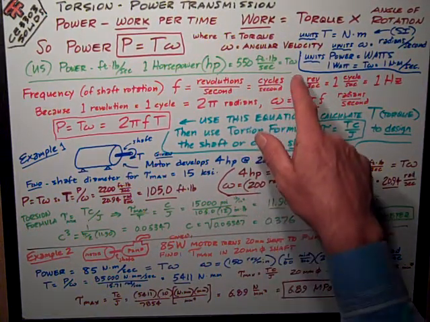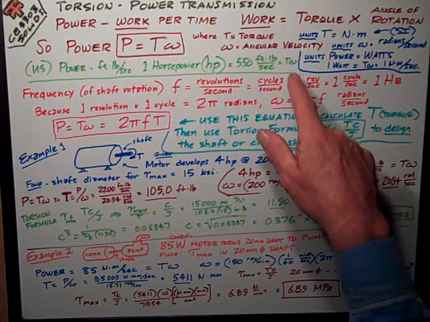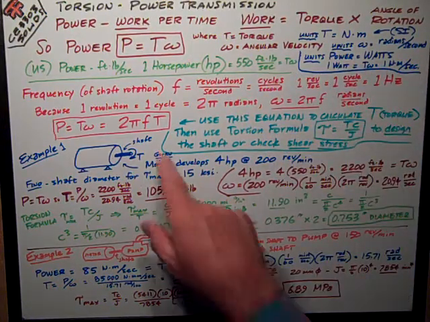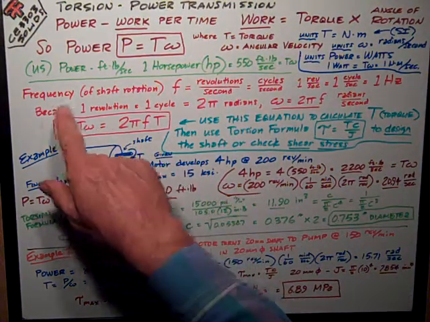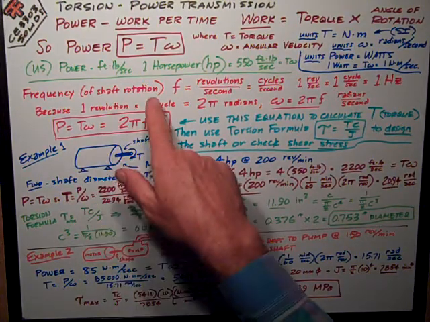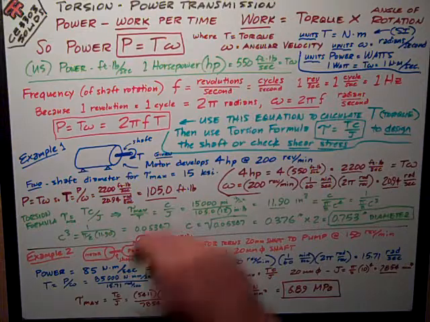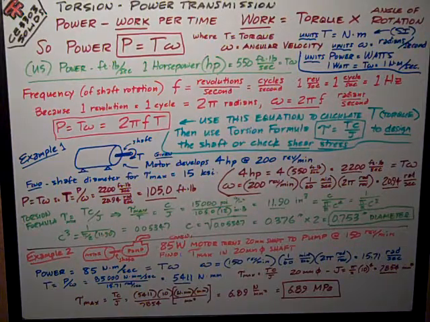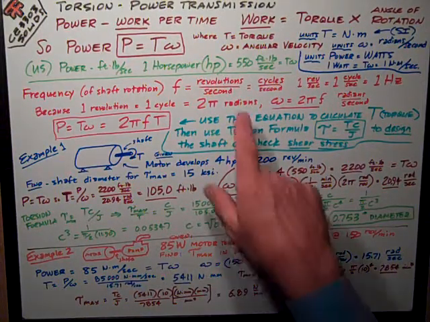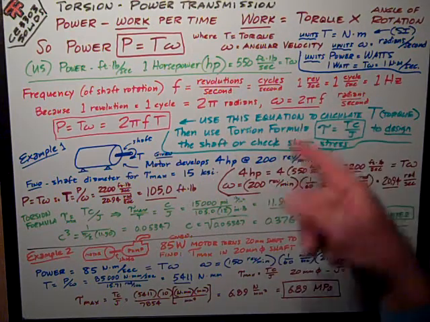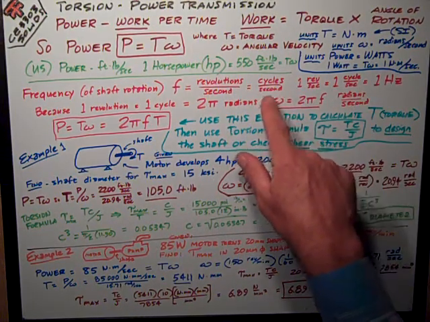Plus, angular velocity is not normally thought of in radians per second. We think of frequency, which is the frequency of the shaft's rotation. F is revolutions per second under the formulas that we're going to use. 1 revolution is a cycle, cycles per second.